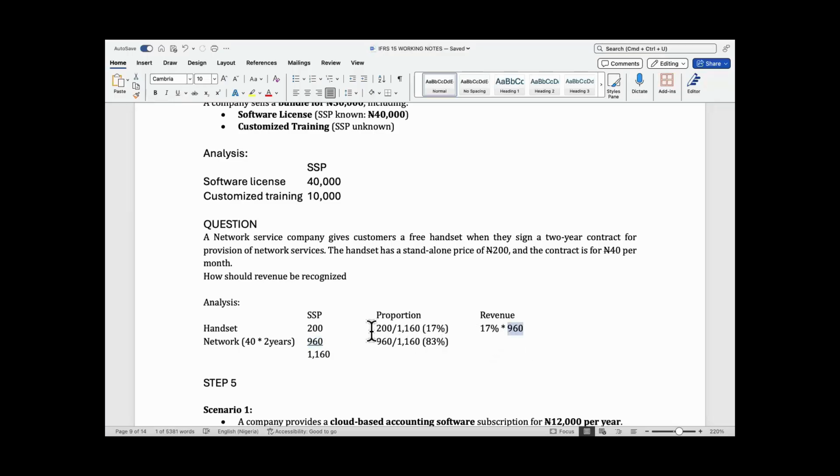So this one just helps us to know how to share it using the standalone selling prices. So we have 83% times 960. So what does this give you? The first one, 163.2.